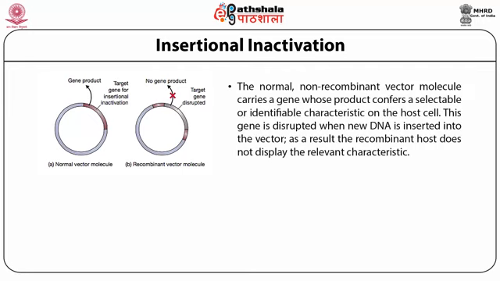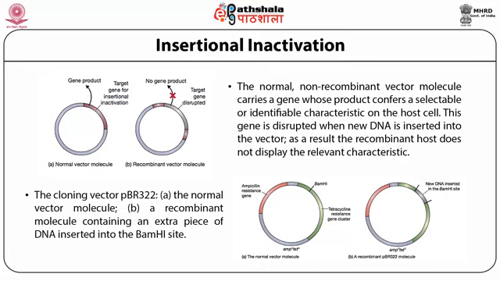The normal non-recombinant vector molecule carries a gene whose product confers a selectable or identifiable characteristic on the host cell. This gene is disrupted when new DNA is inserted into the vector. As a result, the recombinant host does not display the relevant characteristic, as we have already discussed. The example of pBR322 we have discussed here is pictorially represented at the bottom right of the slide.